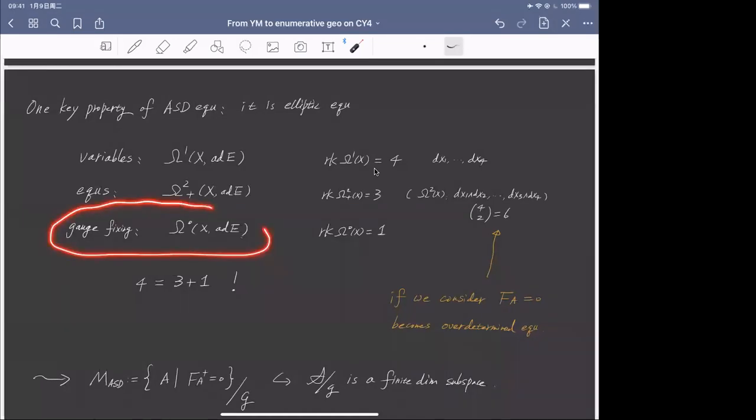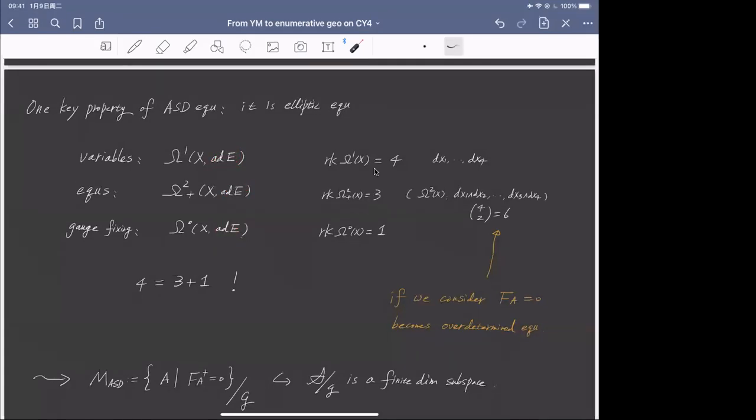We also need to mod out by gauge transformations, so we need gauge fixing, which requires extra equations in terms of bundle-valued 0-forms. Let's forget the bundle-valued part, since it is not essential in this discussion.